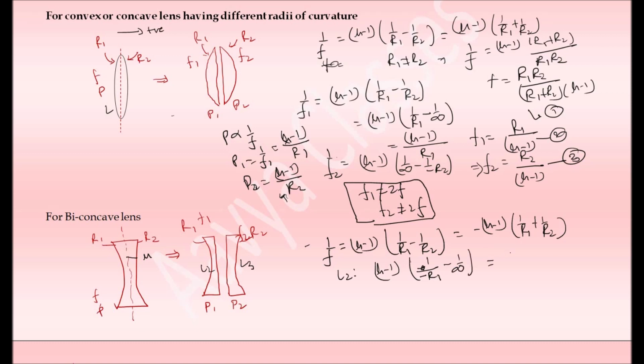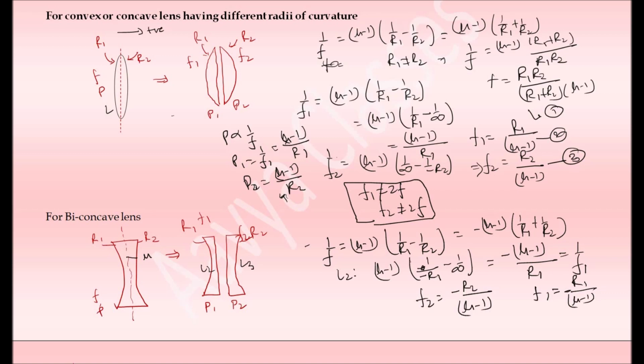We get minus (mu minus 1) divided by r1. So this is the value of 1 by f1. So from there we get f1 is equal to minus r1 divided by mu minus 1, and similarly we get f2 is equal to minus r2 divided by mu minus 1.